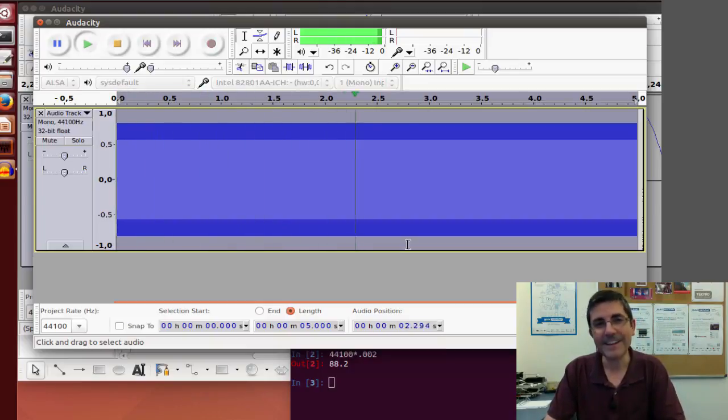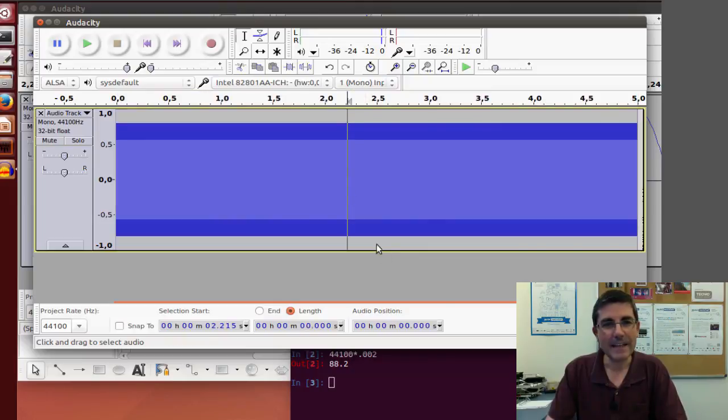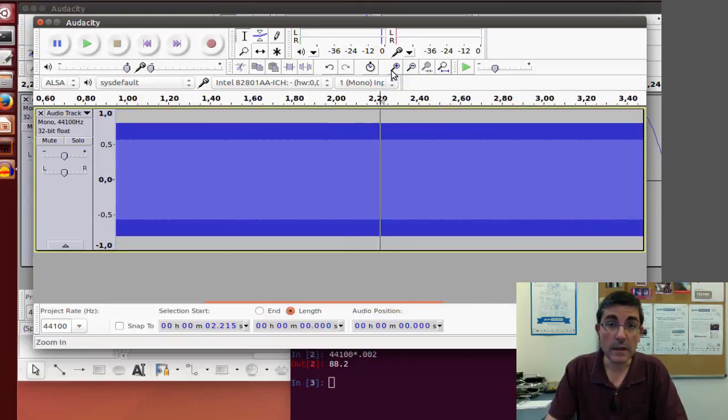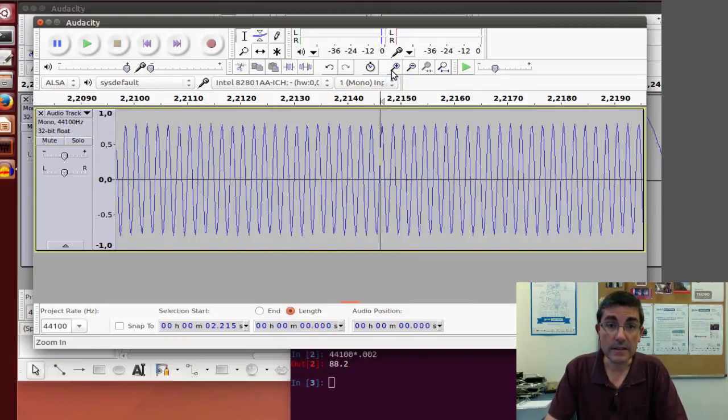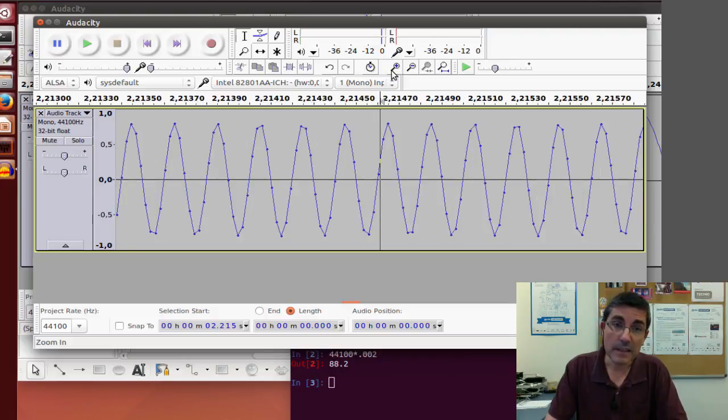Okay, clearly much higher, and we can also zoom in to see the periodicity. But here we already see that it is not so nice. In fact, the samples are not really shaping a smooth sinusoidal function.